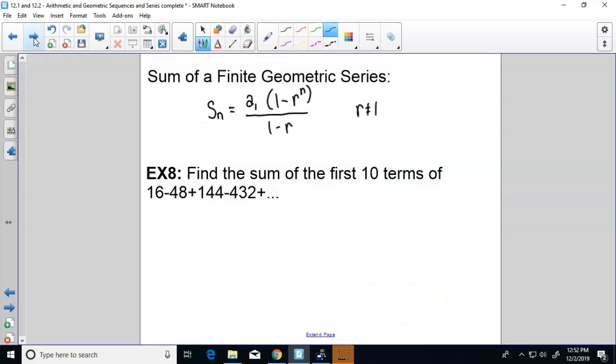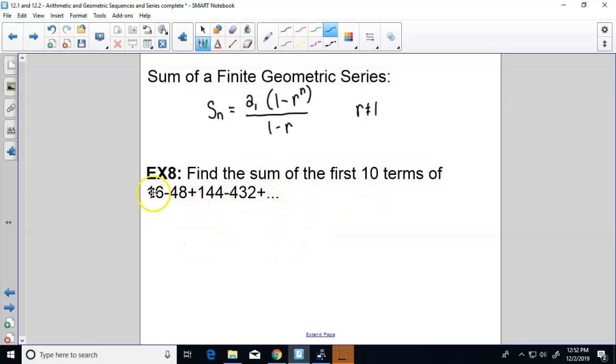For example 8, we're asked to find the sum of the first 10 terms of negative 16, negative 48, 144, negative 432. So our sum formula looks like this. It's on your formula sheet. A sub 1 times 1 minus r to the n over 1 minus r. So the first thing we need to do here is find r.